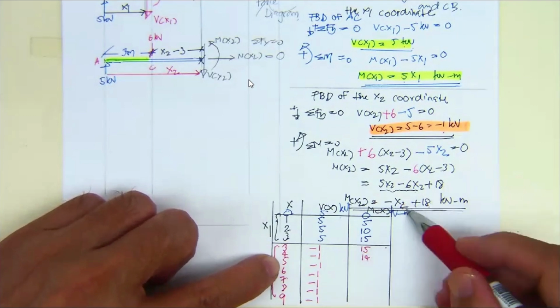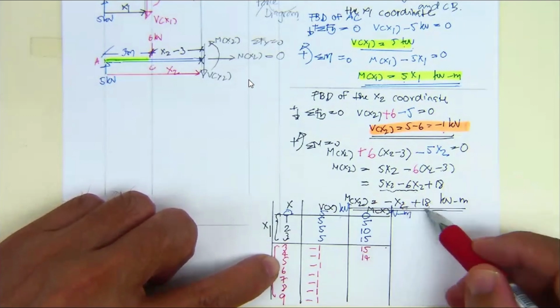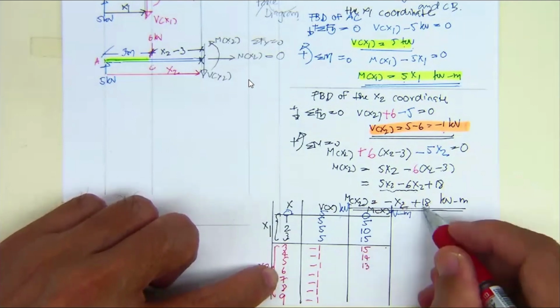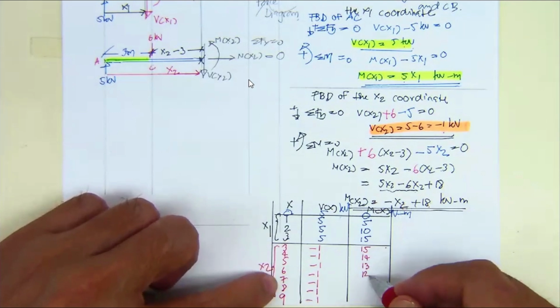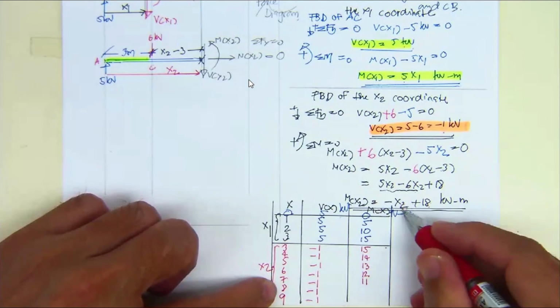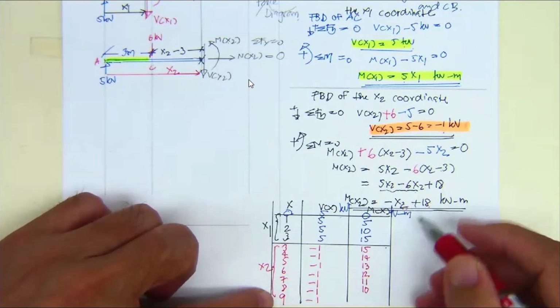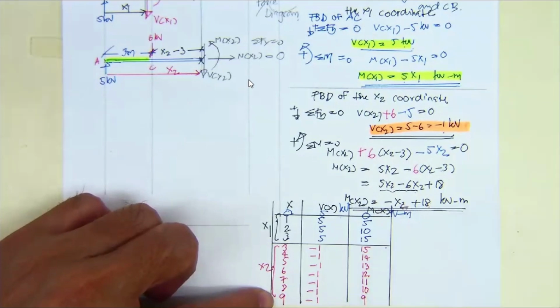Minus 5 plus 18 is going to be 13. Minus 6 plus 18, 12. Minus 7 plus 18, 11. Minus 8 plus 18, 10. Minus 9 plus 18, this one is going to be 9.